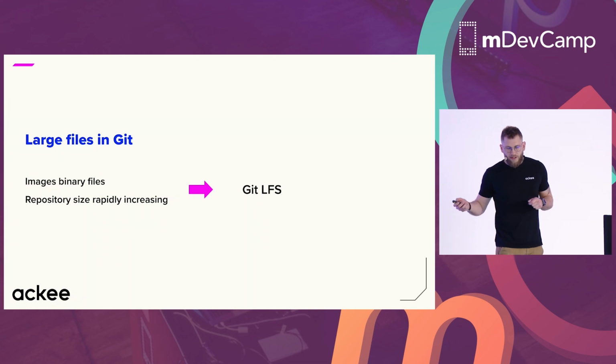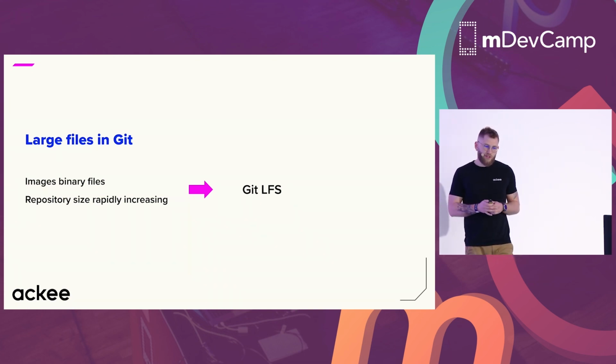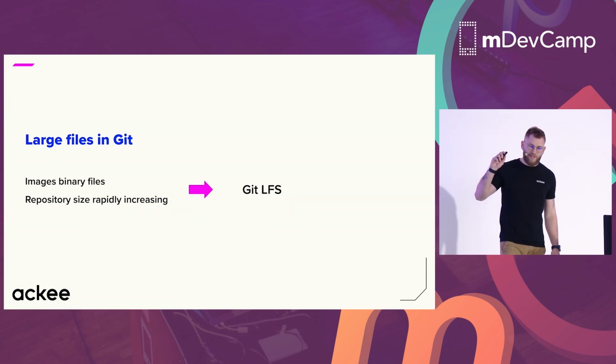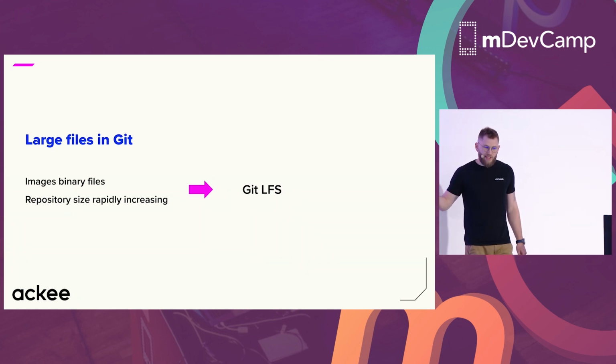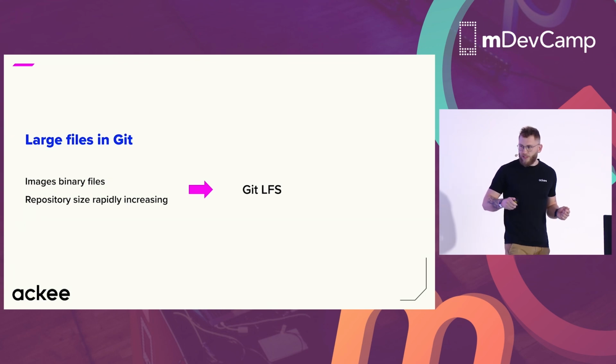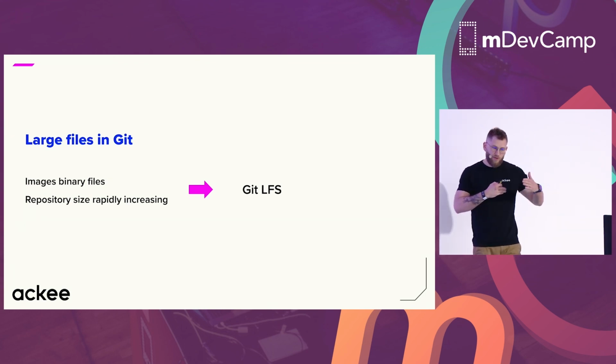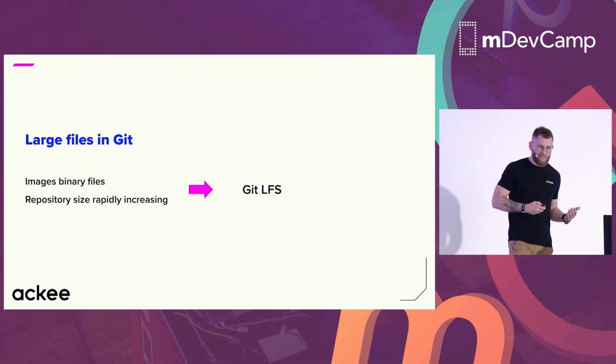It's a third-party extension on Git, which saves these files to remote storage, for example, in GitHub, and your Git repository will only contain references to these images, so it doesn't need to track all of the files in Git itself.